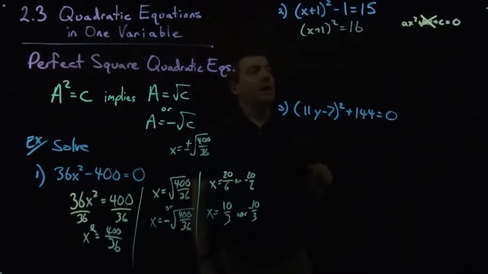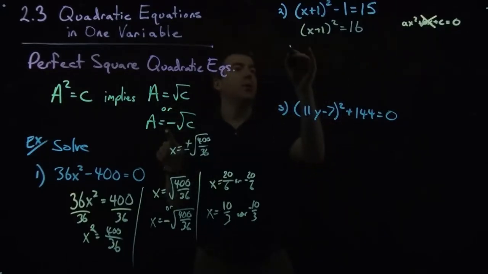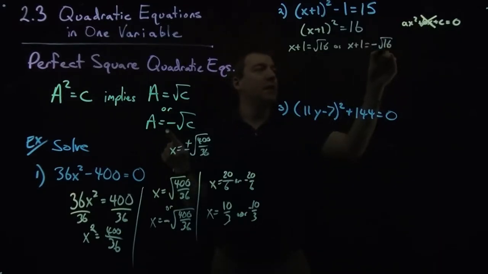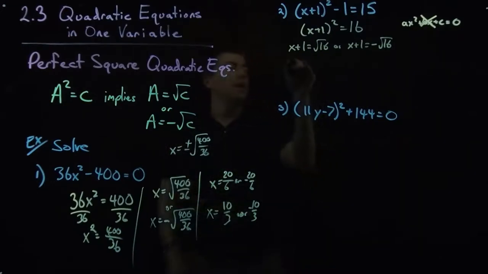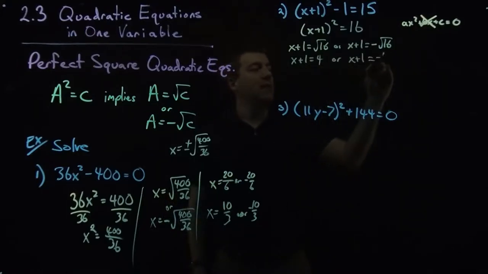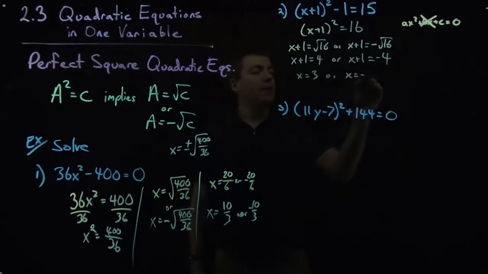All right, so we take the square root of both sides using this property. So that means x plus 1 equals the square root of 16, or x plus 1 equals the opposite of the square root of 16. Of course, the square root of 16 is 4. So we have x plus 1 equals 4, or x plus 1 equals negative 4. That gives x equals 3, or x equals negative 5.